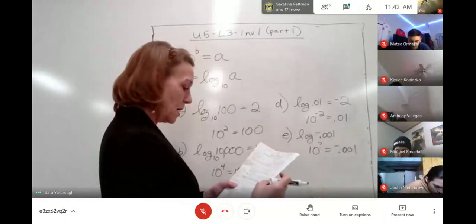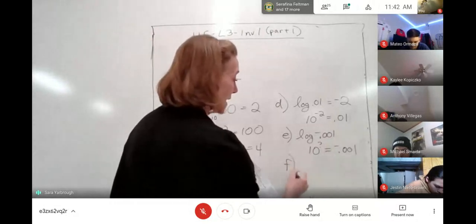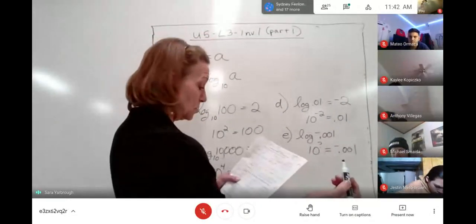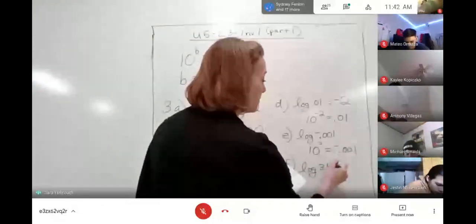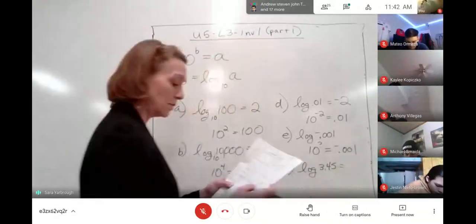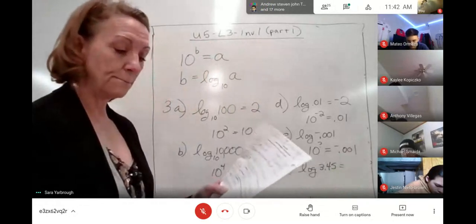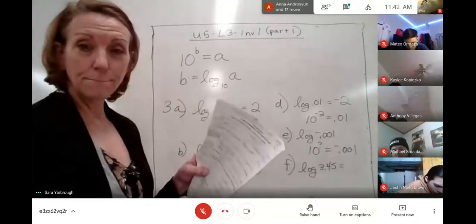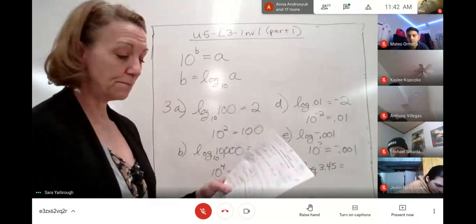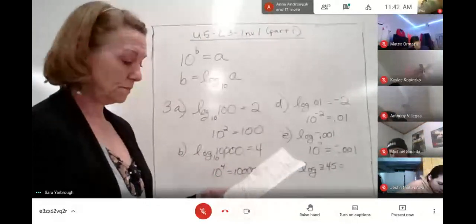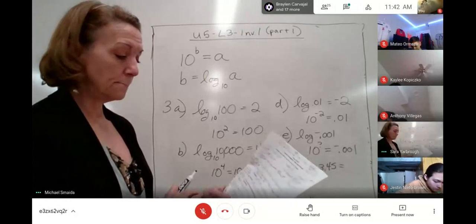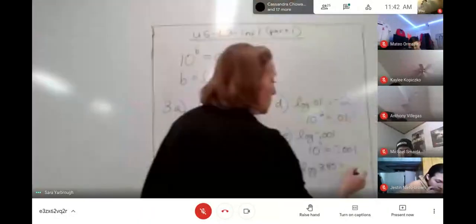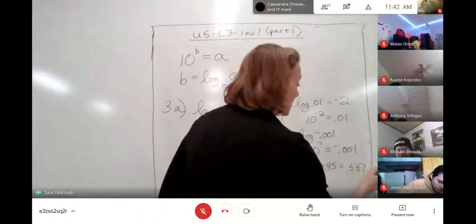That's why you'll always get an error message if you try to take the log of a negative number. Okay, let's do one that we had to kind of guess at, but we did a pretty good job of it. Log of 3.45. Do that on your calculator. 0.537.